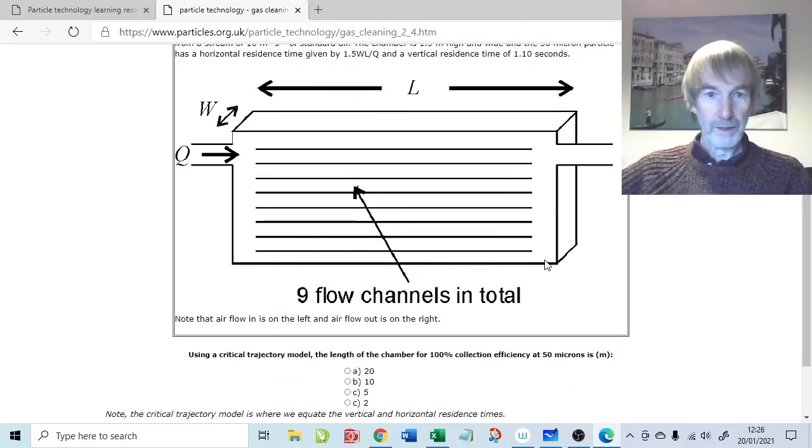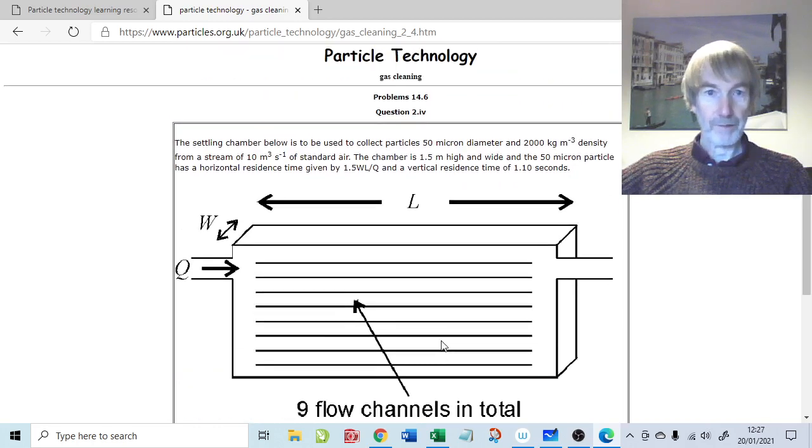Now we need to calculate the residence time. Well, we would be calculating the residence time horizontally if we knew what the length was, but we don't know what the length is. But we do know that we've got this equation here for the residence time horizontally, and we also know we've got a residence time of 1.1 seconds, which is the residence time vertically, and that's going to have to be the same as the residence time horizontally.